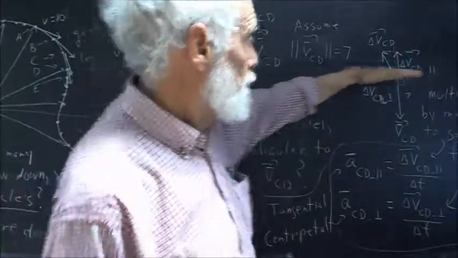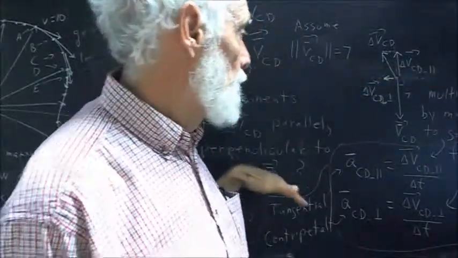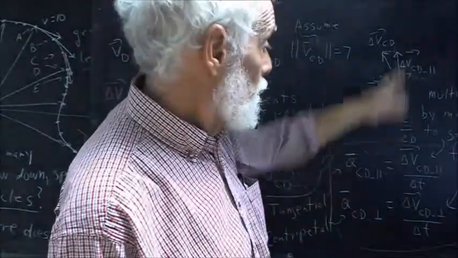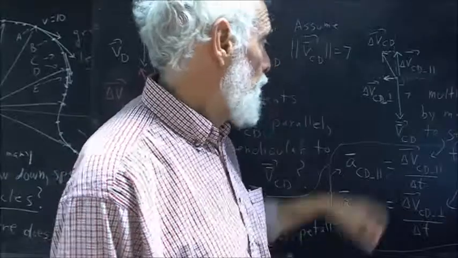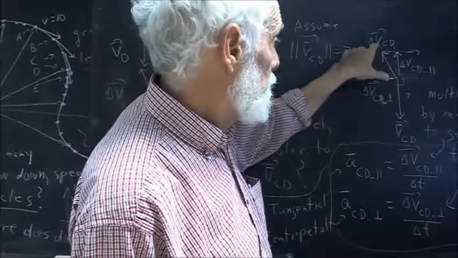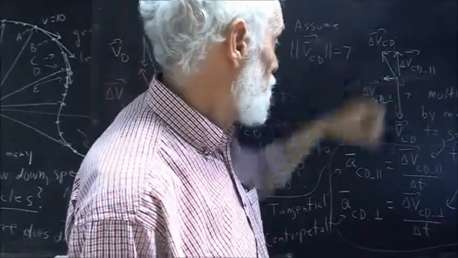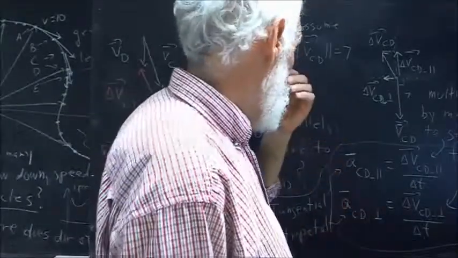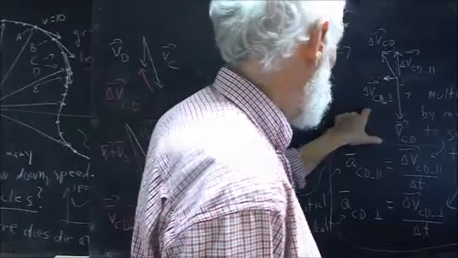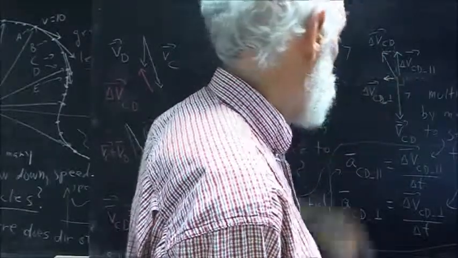Then we sketch a dotted line perpendicular to the direction of our average velocity vector, and we project the change in velocity vector onto that direction. This gives us the parallel and perpendicular components of the change in velocity.